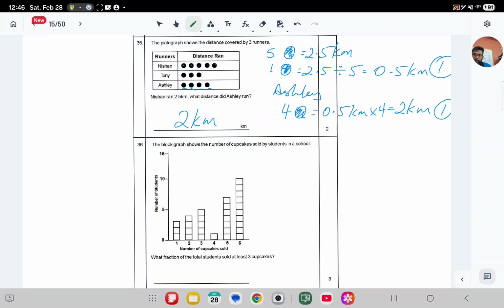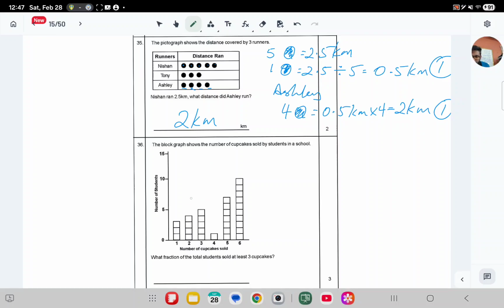Number 36, the block graph shows the number of cupcakes sold by students in a school. So we have number of cupcakes and then we have number of students who purchased that quantity. We said, what fraction of the total students sold at least 3 cupcakes.